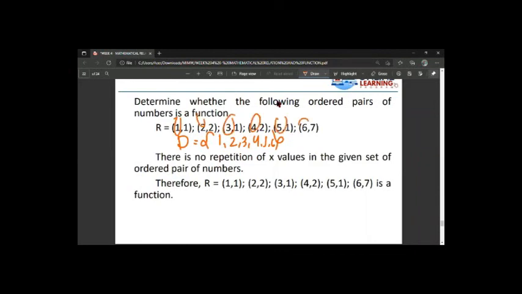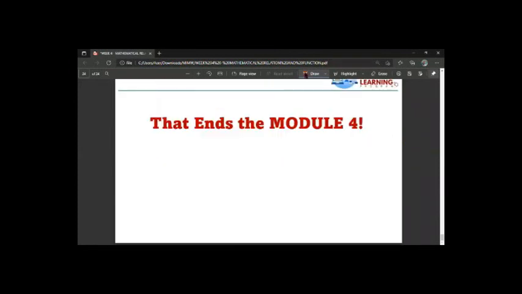How about the range? Ano yung range? Yung range, guys. 1, 2, 7. Guys, di ba sabi ko kanina, pag nag-repeat, pag mag-list tayo ng domain and range, pag nag-repeat yung number, once lang siya sulat. So that is 1, 2, and 7 ang range. Okay, I think you get the pattern. And that ends our module 4.